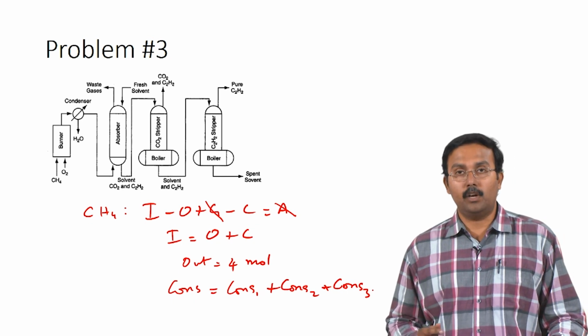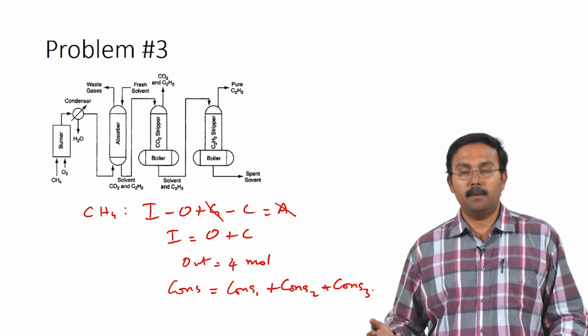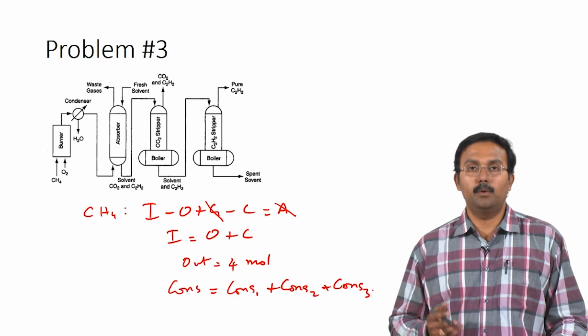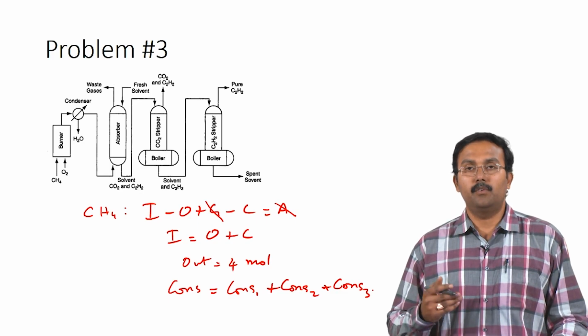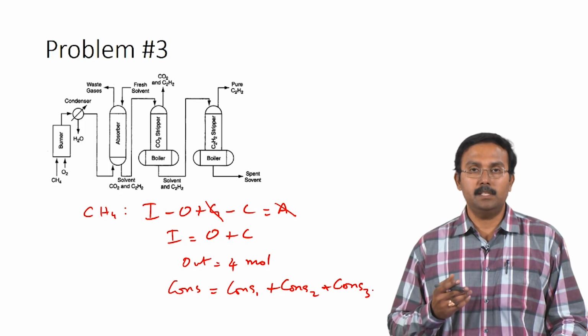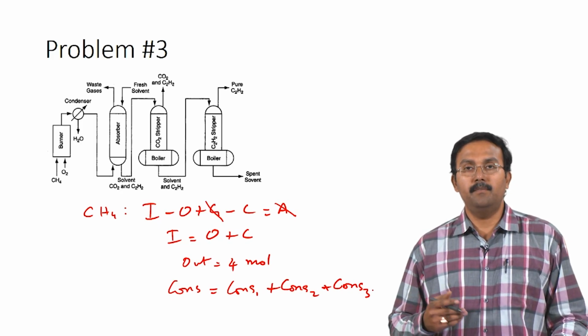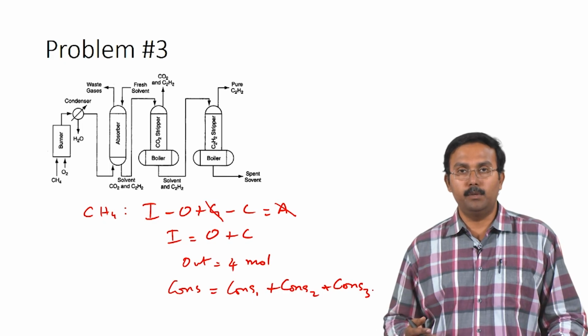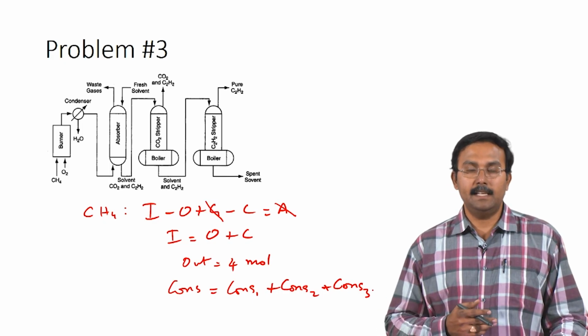Looking at the stoichiometry, for every mole of carbon dioxide produced, 1 mole of methane is consumed. For every mole of carbon monoxide produced, there is 1 mole of methane consumed. For every mole of acetylene produced, 2 moles of methane are consumed.